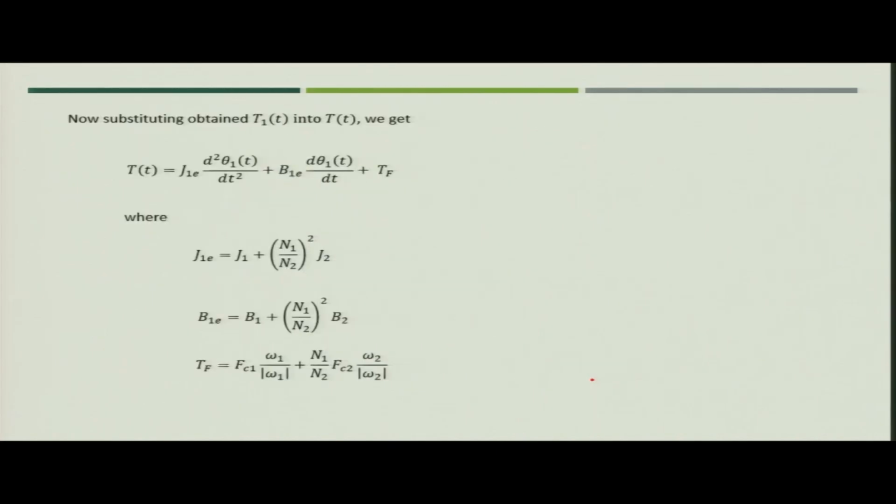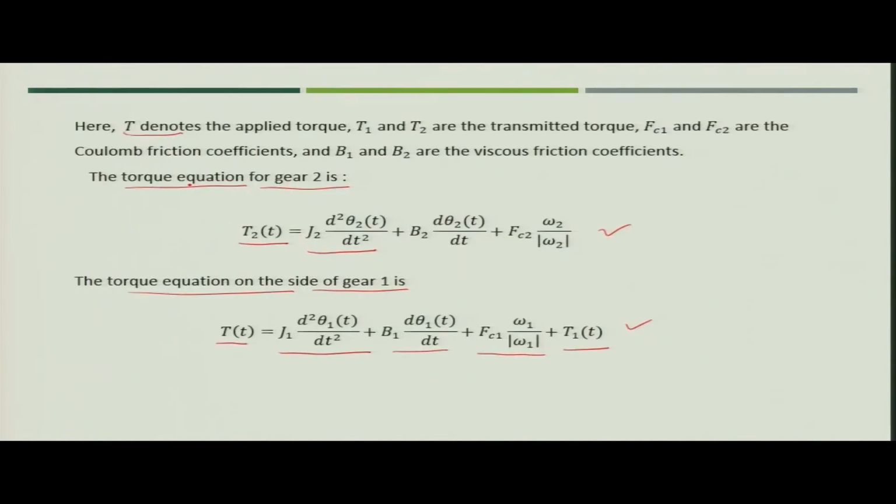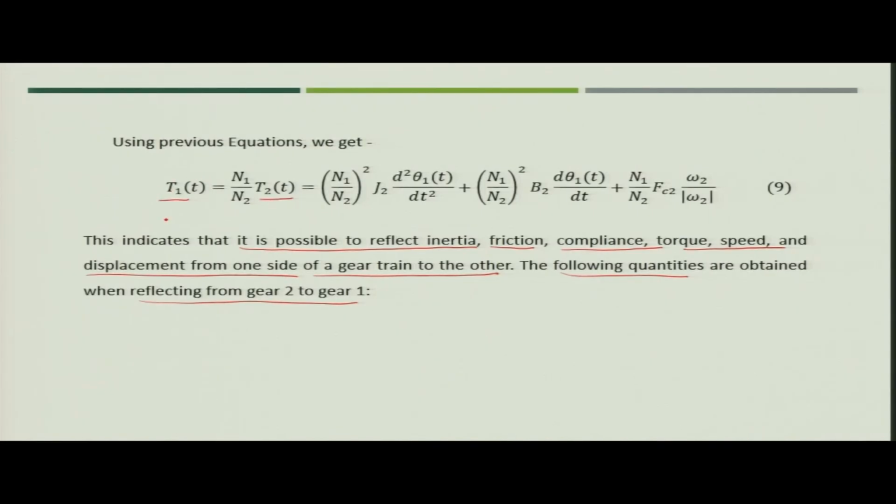So, if you consider the equivalent of all those components, what we can write, total torque T, you can just put the value of T1 which we have got into this equation, because total torque on the gear 1 is nothing but J1 d2 theta 1 by dt2 plus B1 d theta 1 by dt plus Fc1 omega 1 upon mod omega 1 plus T1. This T1 we replace with the equation which we have just got with the help of transformation.